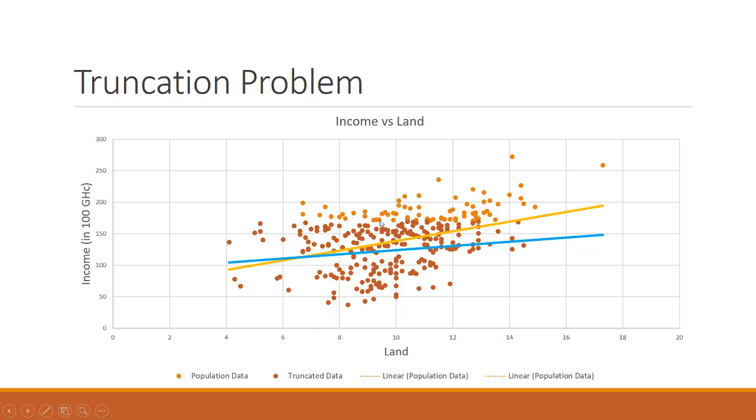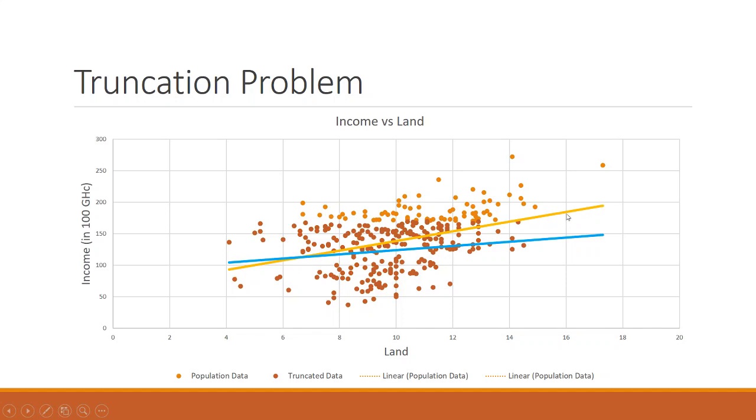That's all the data, the data that represents the population of farmers. We can fit a regression line to those orange data points, and that regression line would be this yellow regression curve.